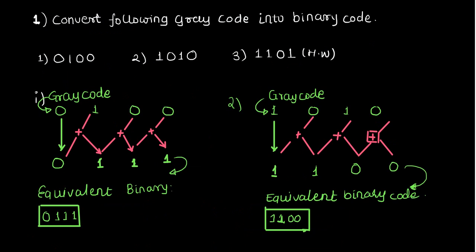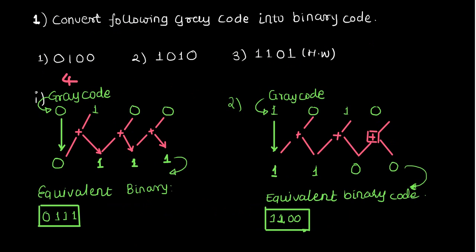Here, friends, I have solved two examples and I have given one example for your practice. Try it yourself. So the first example is 0100. Friends, guess what will be the decimal equivalent of this. That is 4. Yes, correct. Now when we write the gray code, that is 0100, first identify the MSB bit 0, that will be written the same as it is.